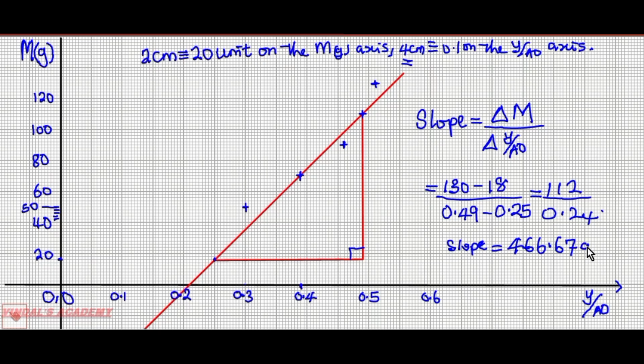The unit is going to be grams. That is the slope for this kind of graph that I plotted. Remember, I'm plotting mg against y over AO. A question may also say plot y over AO against mg, but I just decided to plot mg against y over AO.